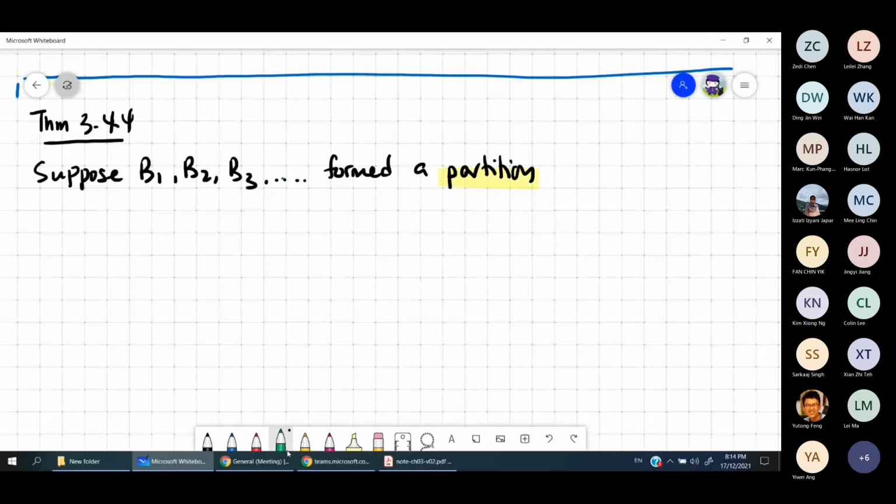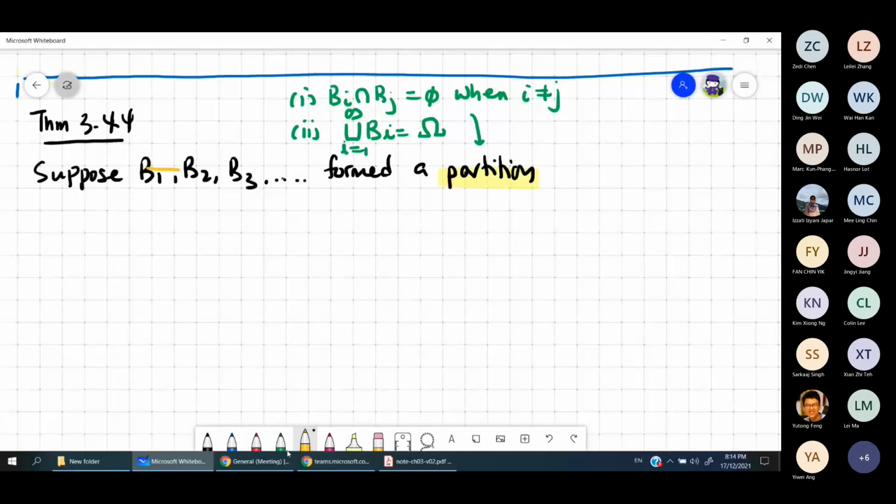It simply means that, first of all, these must be disjoint whenever i not equal to j. And secondly, if you combine all the B, it ends up to be our Ω. So that's the meaning of all these B forming a partition of Ω.